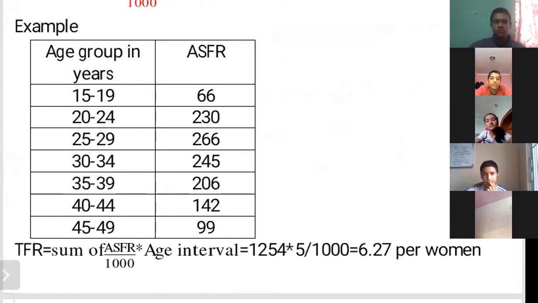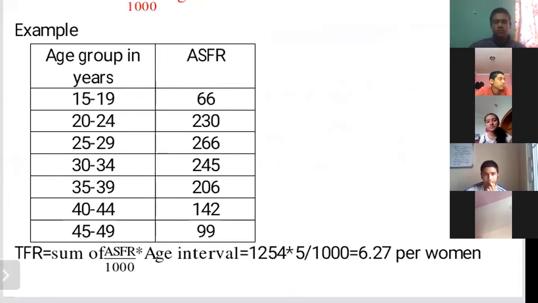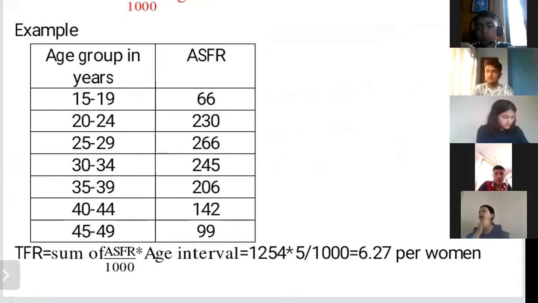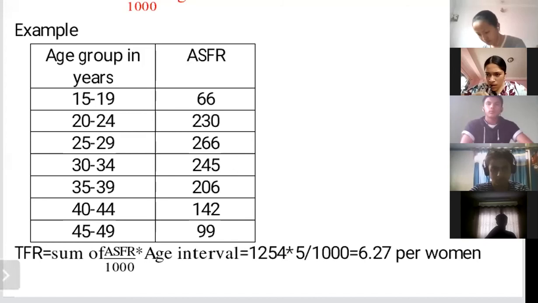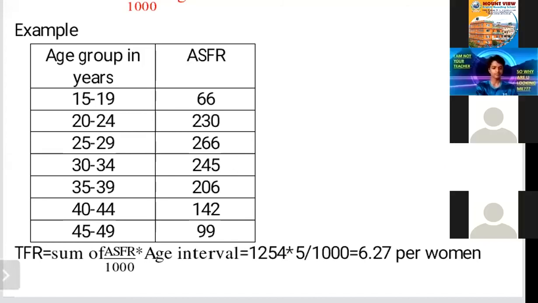I told you, to calculate TFR, once again, the formula of TFR is the sum of ASFR multiplied by age interval divided by 1000. Now the sum of ASFR is 1254. To calculate this, we have to add all the ASFR values: 66, 230, 266, 245, 206, 142, and 99.